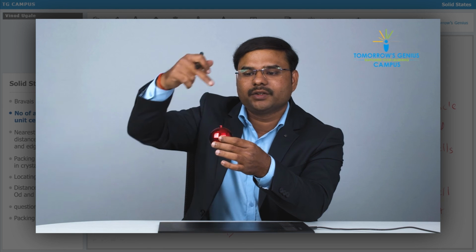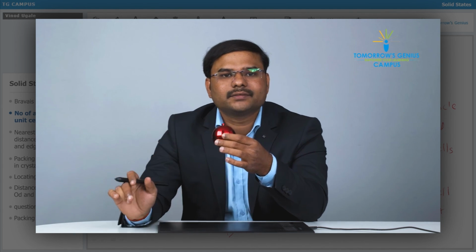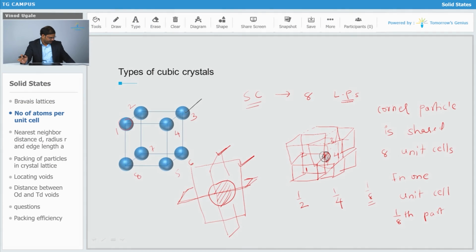So you will get 1, 2, 3, 4, 5, 6, 7, 8. Okay. So such type of sharing you will have to consider over here. So a corner particle is shared by 8 unit cells. 3 types of cut we can have in this arrangement, one perpendicular to this, another perpendicular to that, and another will be horizontal. So one particle is shared by 8 unit cells.